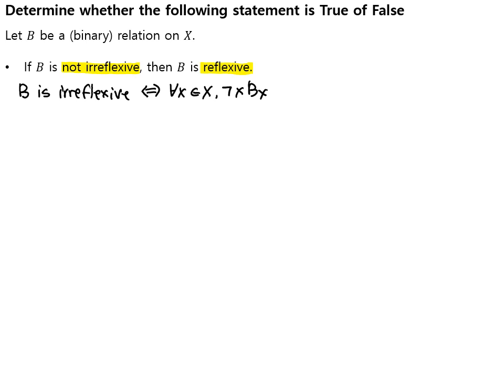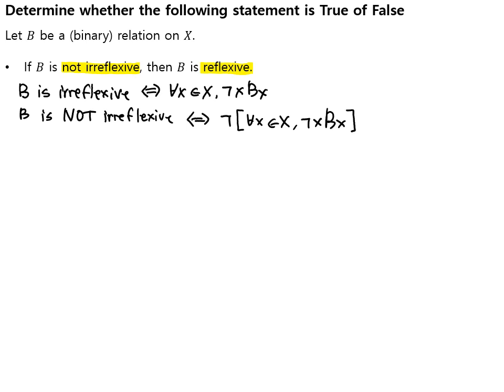Okay? So if B is not irreflexive, then this basically means that it is not the case that for all x in X, x is not related to x, okay?